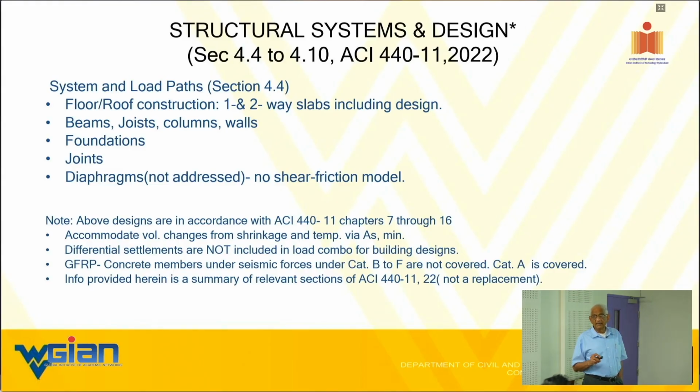We did not have a code, remember, we had a guide spec till 2022. This was approved. The things I'm going to be talking about further and further are the ones that were approved in 2022.